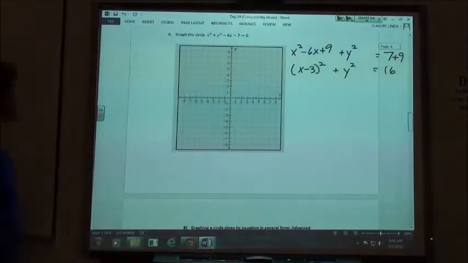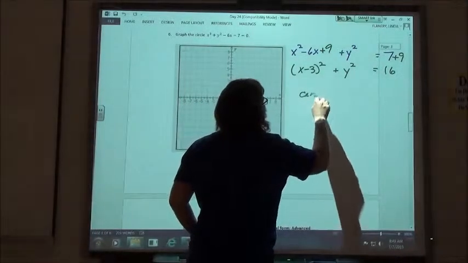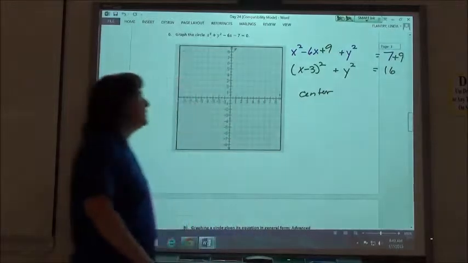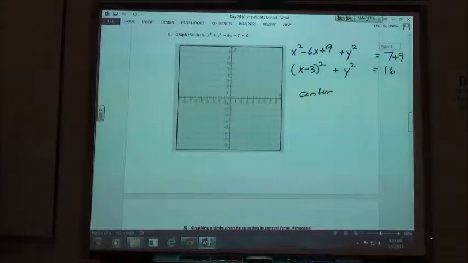So my center on this one is going to be at 3, negative 1. Nope, the 3's right.